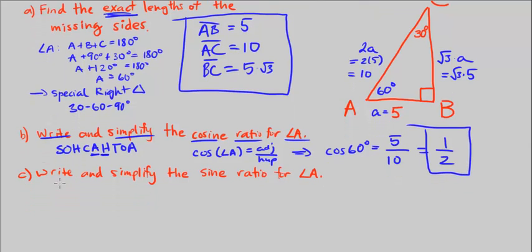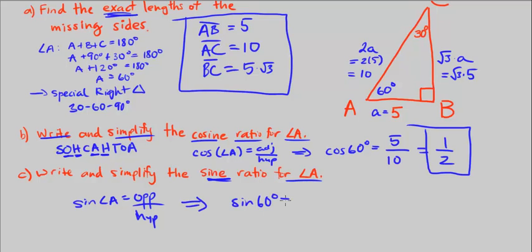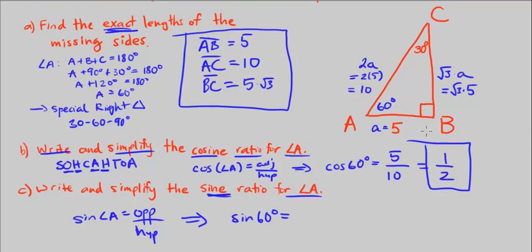Alright? Part C, we're asked to write and simplify the sine ratio for angle A. So given SOHCAHTOA, we know sine of angle A is equal to the O, opposite side, over the H, hypotenuse. So sine of 60 degrees here is equal to, and what is the opposite side from angle A? It's just the side that it opens up to. So it's going to be over here.